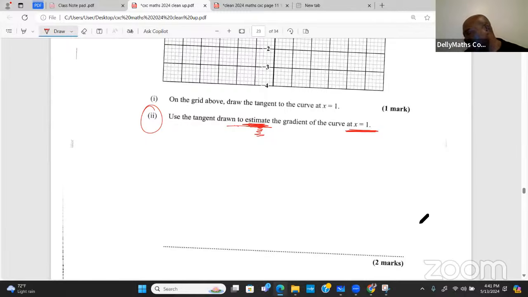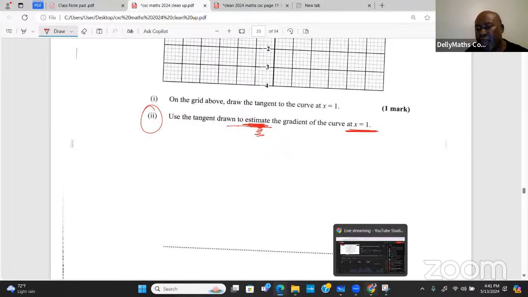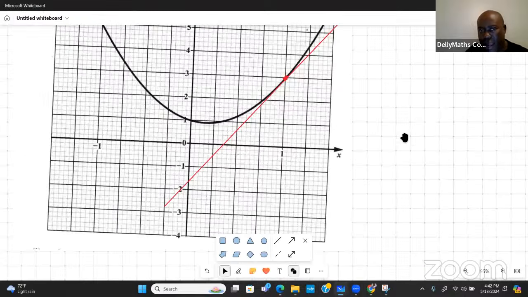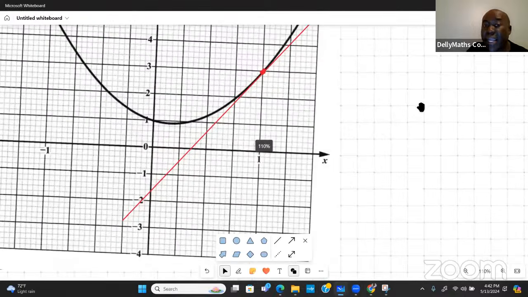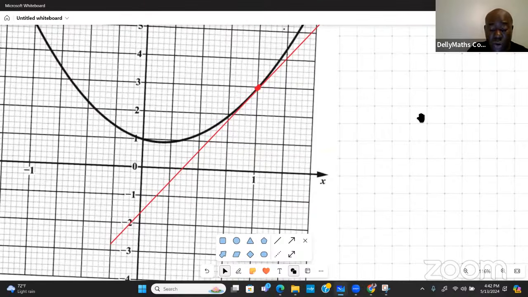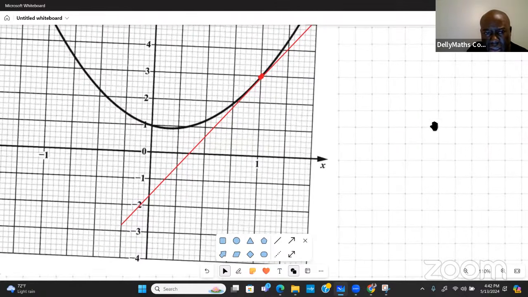So this is not an exact value, but a good estimate. The concept for this question is that the gradient remains the same for every straight line. So if I pick up 2 points on the line, we should be able to find it using rise over run.